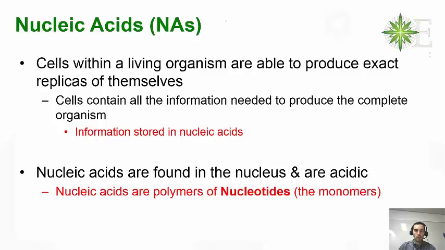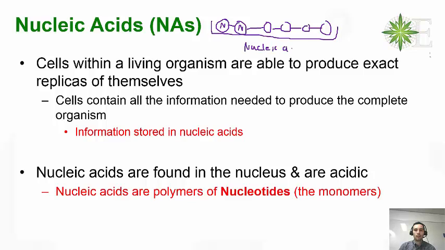For example, if we have one nucleotide by itself, then we can attach that to another nucleotide. We can attach more and more of these nucleotides together, and the collection of nucleotides together is what we call a nucleic acid. And remember, our nucleic acid can either be DNA or RNA.